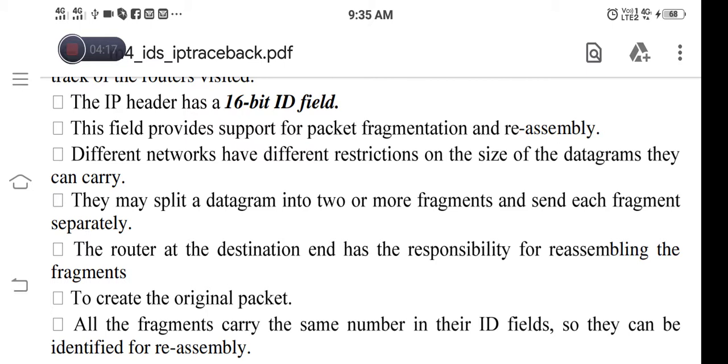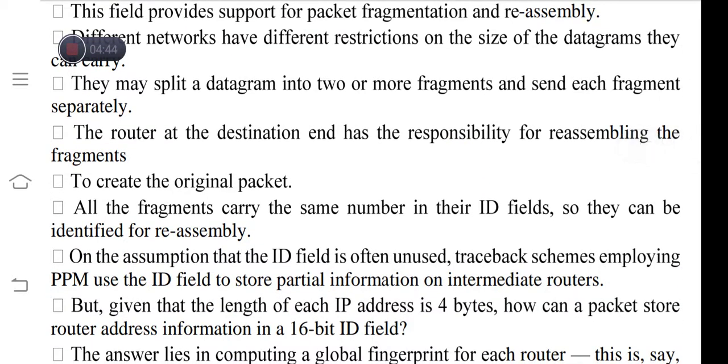The router at the destination end has the responsibility for reassembling the fragments, to create the original packet. All the fragments carry the same number in their ID field, so they can be identified for reassembly.